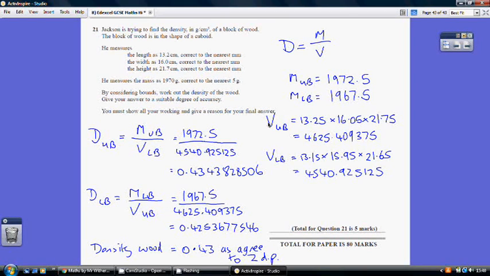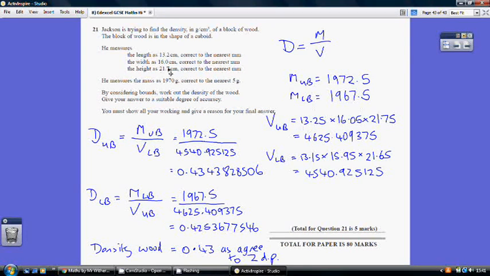Now, moving on to volume. The upper bound of volume is going to be when I maximize all of these lengths. These are all correct to the nearest millimeter. So 13.2, the maximum that could be is 13.25. 16.0, the maximum that could be is 16.05.